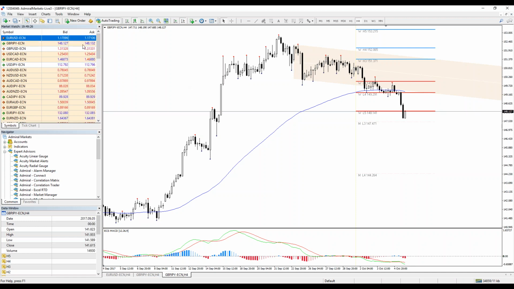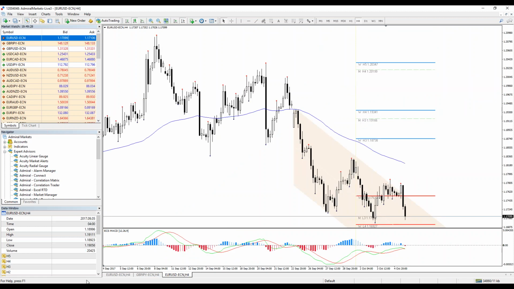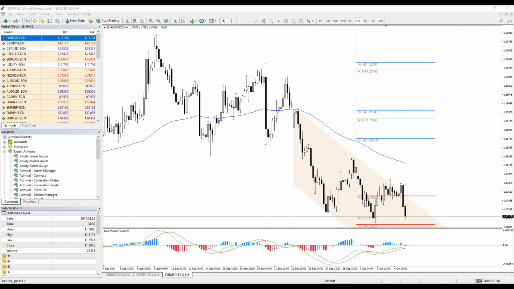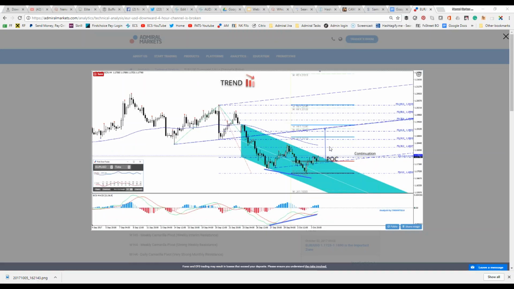A similar thing, guys, happened yesterday. Let's use this example. I will use my analysis of the euro dollar yesterday, and I said the downward 4-hour channel is broken. And I gave you an analysis, and you could have made 30 pips by using this counter trend trade opportunity.